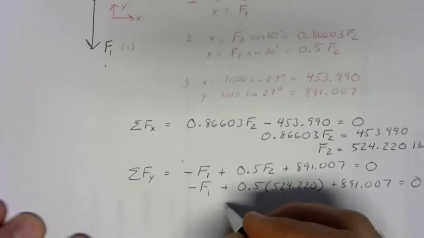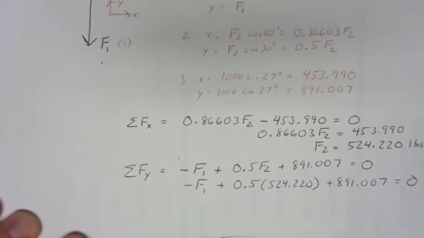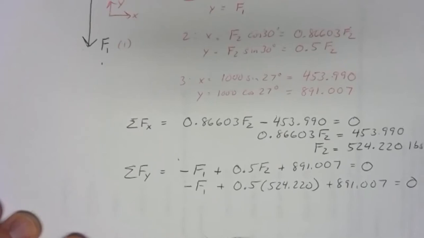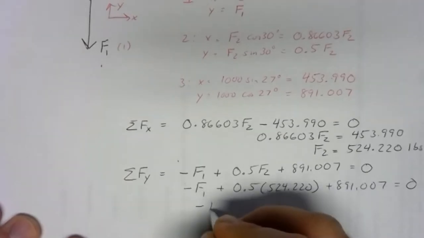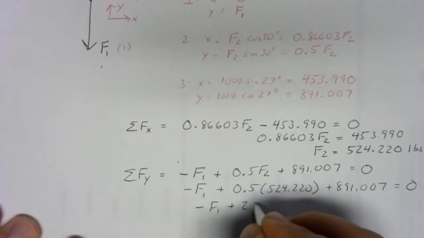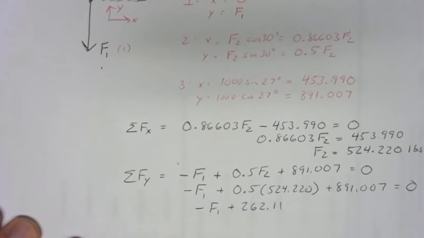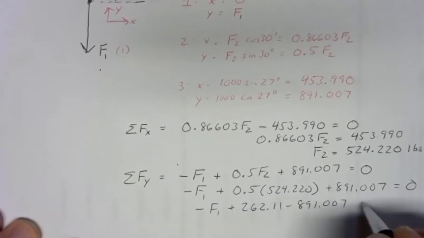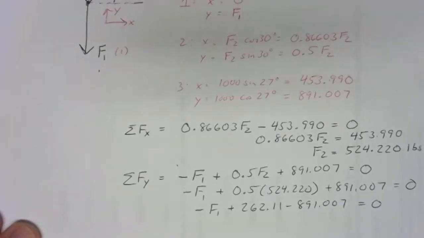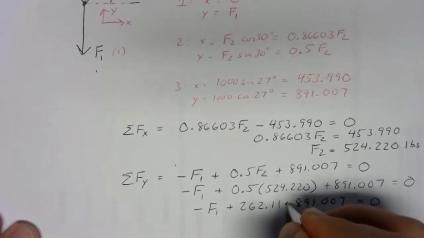Well, crunching the numbers down a little bit, we've got 0.5 times 524.220. That's 262.11. So we have negative F1 plus 262.11 plus 891.007 equals 0.